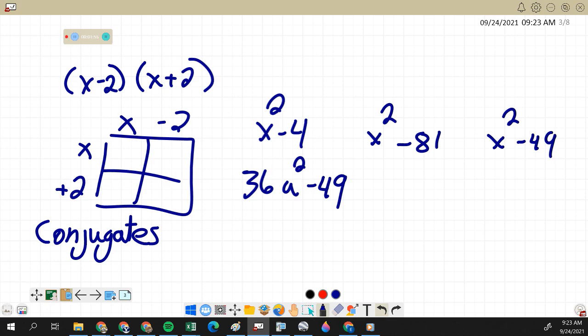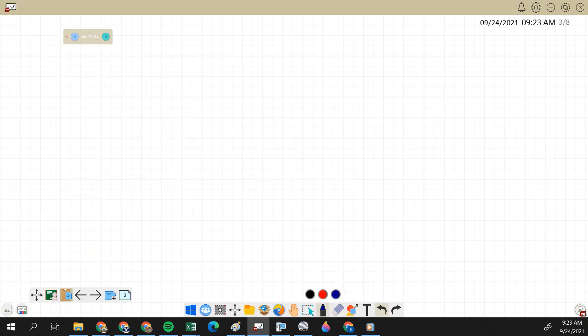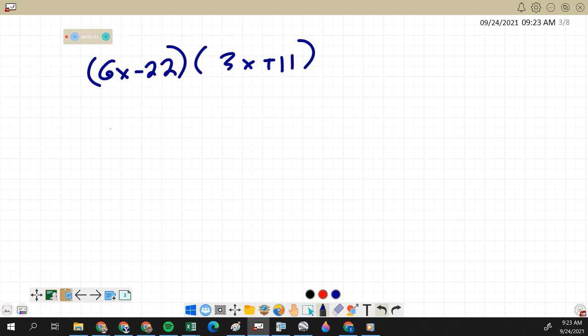Okay. What did you get in E? So E we started with 6x minus 22 multiplied by 3x plus 11, and you're going to get 18x squared minus 242.